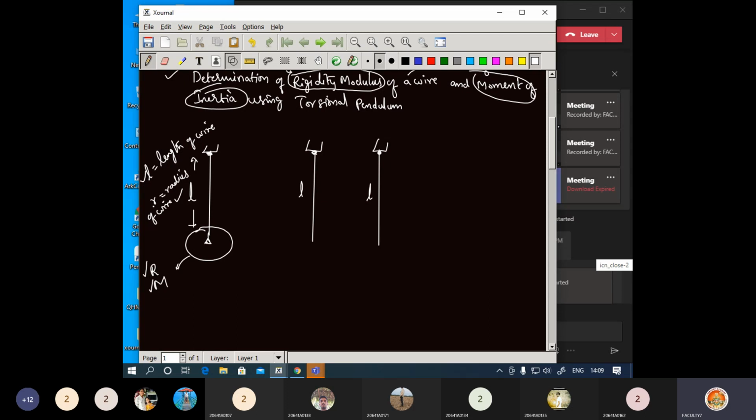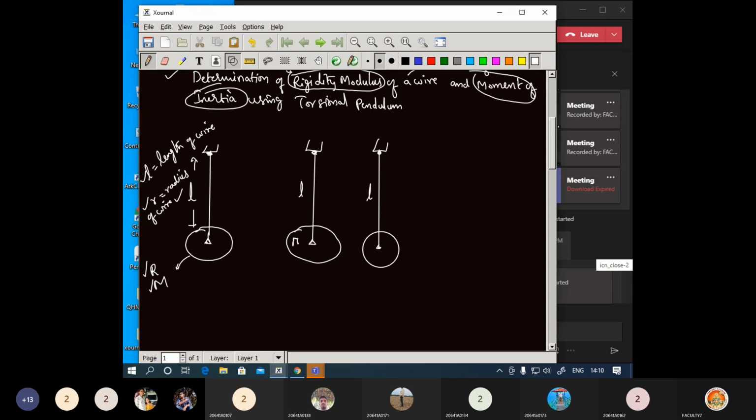So these factors in these three diagrams will remain the same. Now what is the change in the second diagram? The same pendulum here, the disk is remaining the same. The three diagrams will be similar, but here we are going to change.